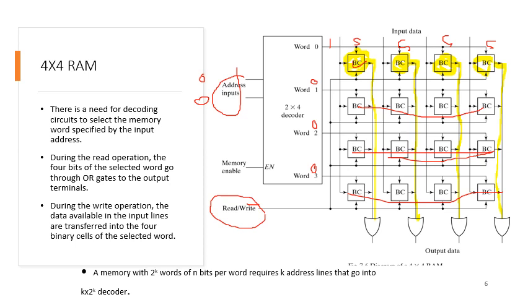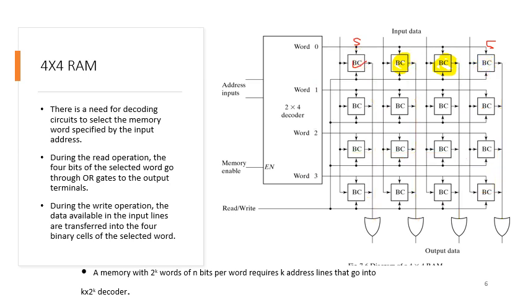Now if we set this line to 0, then, if you remember the previous diagram of the basic cell, the data is inverted internally by the inverter used in that basic cell, and whatever is applied on those input lines is stored in that basic cell.